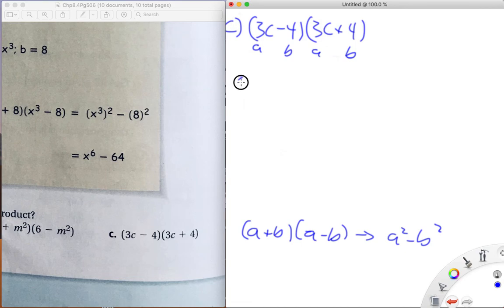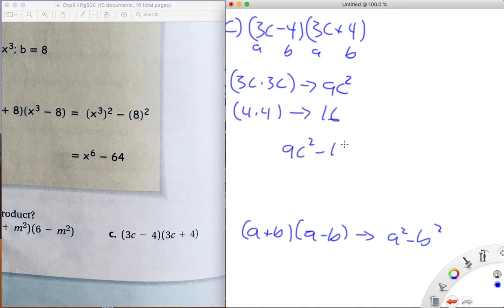So this is going to be 3c times 3c. 3 times 3 is 9. c times c is c squared. Then I got 4 times 4, which is 16. So put them together: 9c squared minus 16.